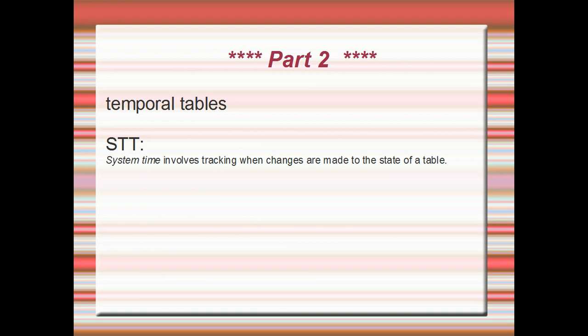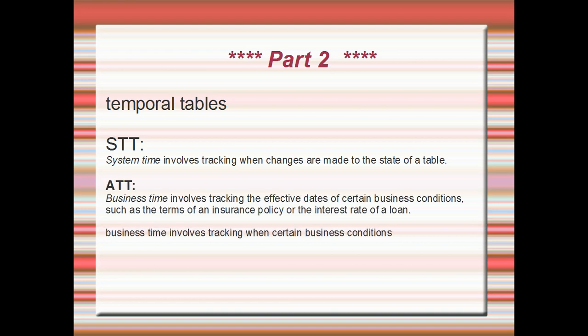In system period temporal table, whatever changes are done in your base table get recorded into the history table. That was a thing that we have tested, and in this part 2 I am going to discuss ATT. ATT is application period temporal table, which is also known as business period application temporal table.